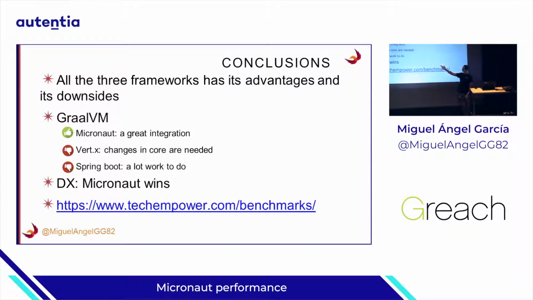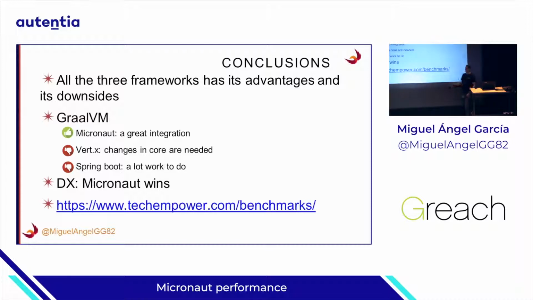What about Vertex and Spring Boot? Vertex has more or less some integration with GraalVM, but you need to change something in the core. So for me, it's too complex. And what about Spring Boot?